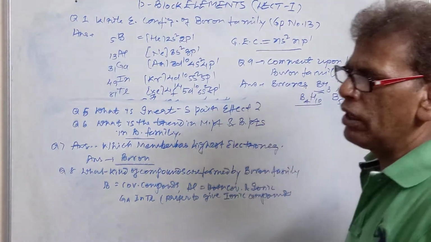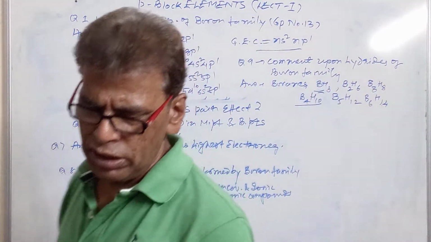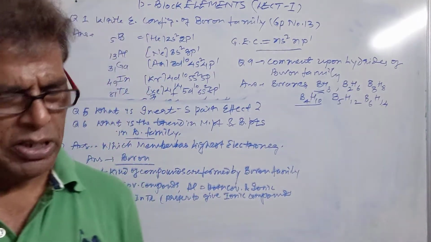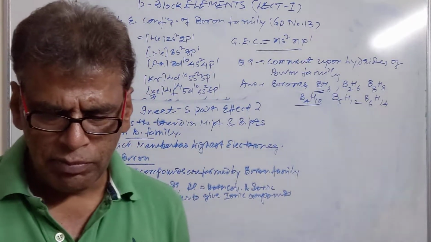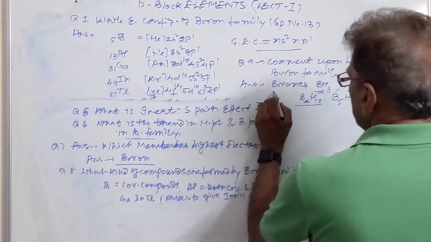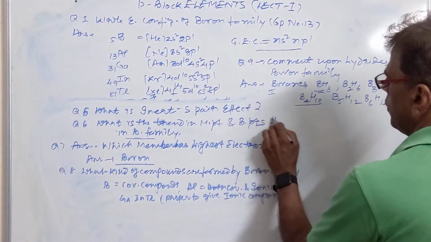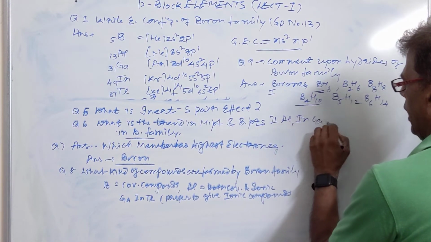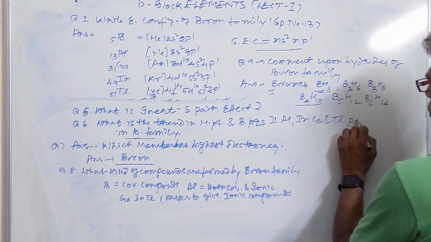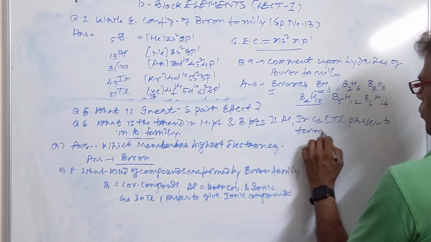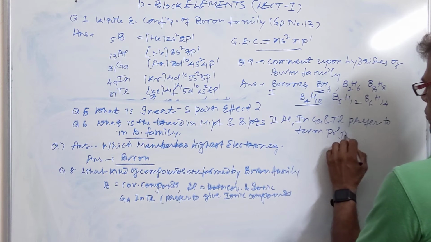Boron trihydride, this is diborane, this is triborane, tetraborane, pentaborane and hexaborane. These are the compounds of boron with hydrogen. They are called boranes. While the hydrides of aluminium, gallium, indium and thallium form polymeric hydrides.